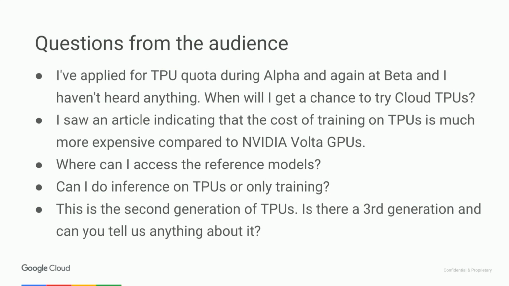Let's see, there's another question here asking about the performance of TPUs versus GPUs or other platforms. Now, as I mentioned earlier, one thing that we really recommend is that you perform your own benchmark measurements on the workloads that matter to you, using ideally our reference models that give you this great starting point. But in any case, we really emphasize that you should benchmark with realistic training data.